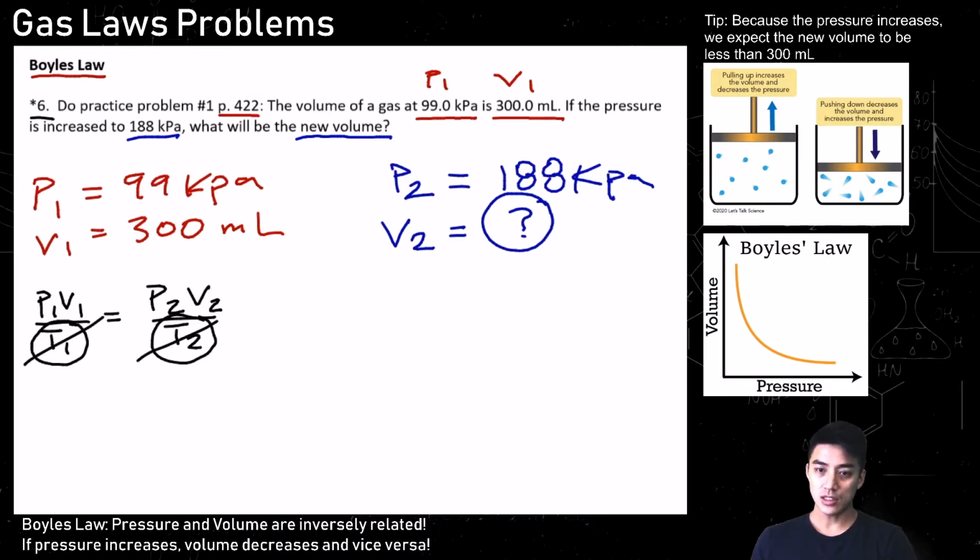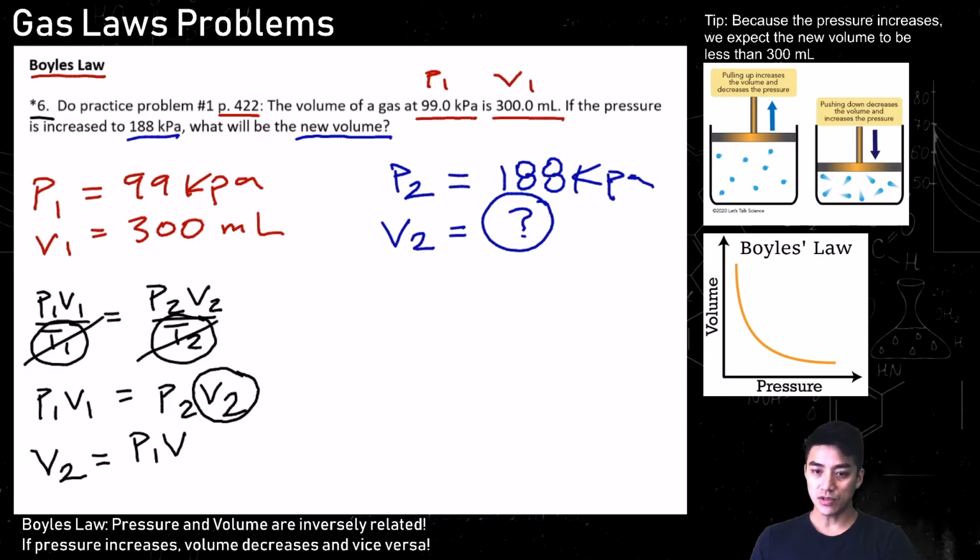I can cross out T's on both sides of the equation, and I'm left with what Boyle's law describes, and that is the inverse relationship between pressure and volume. I'm going to circle V2, and then how do you isolate for V2? We're going to divide both sides by P2. So that's the equation I'm going to use. V2 equals P1 V1 over P2.